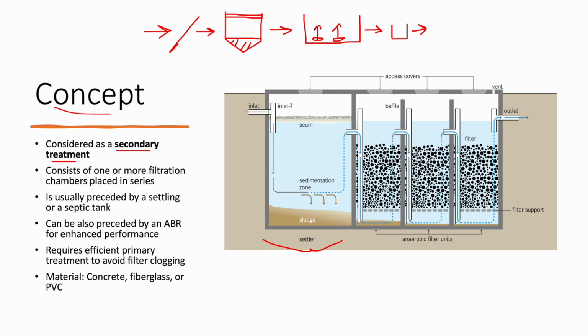We have filtration media, and notice how the water is entering through the sink pipe at the bottom. So the water is flowing upflow. It enters from the bottom and goes through this media, and then it will go into the second chamber and the same process will happen.